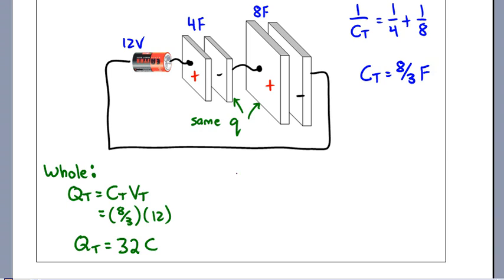Well, let's take a look at what happens when we look at the individual equations. What happens when we go Q is equal to CV for each one of these plates? So the key thing when you're doing these in the future is you have to look at this and go, hey, they're in series. They have the same Q on them, right? That's kind of the key thing. And that's kind of like saying they have the same current in them, right?